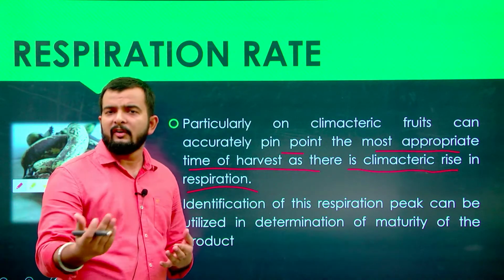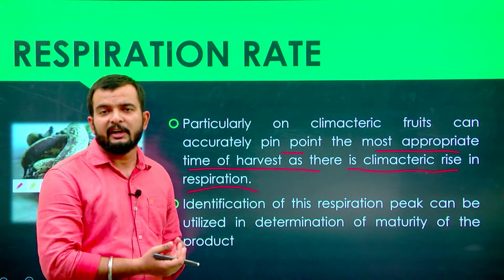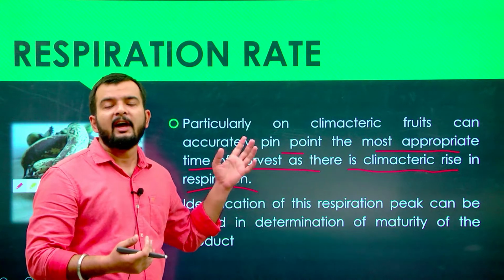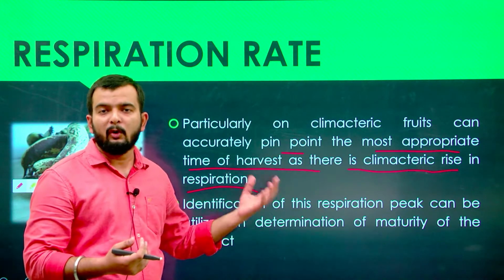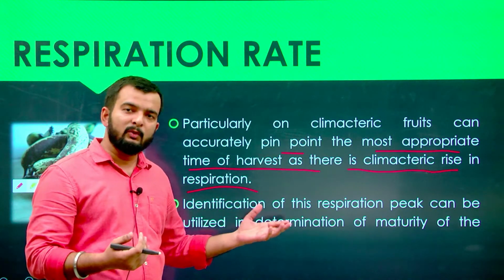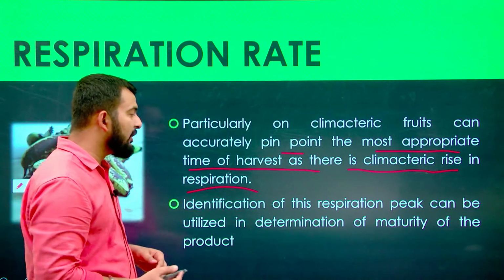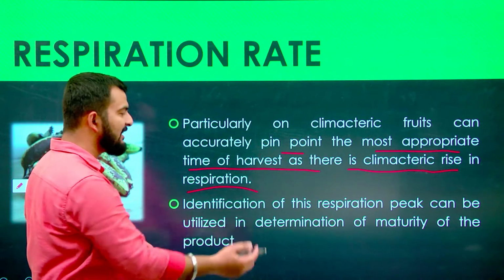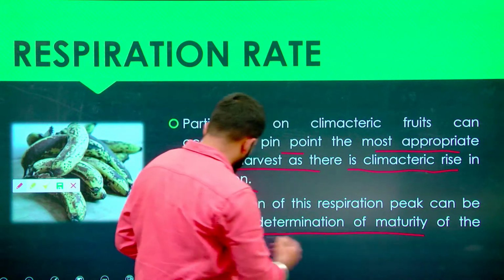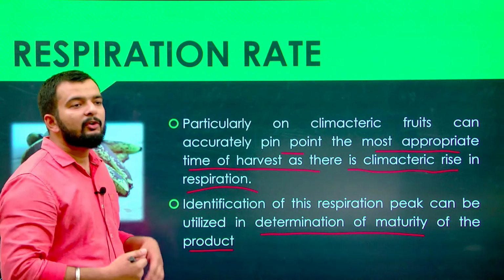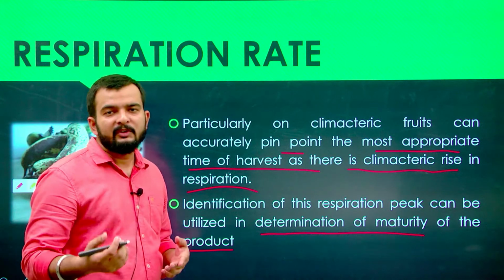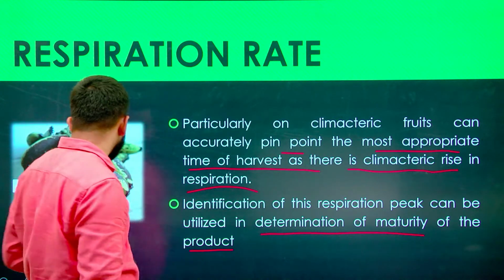So based on the water vapor output, or by identifying how much CO2 your crop is giving out through a sensor, you can identify this respiration peak. Identification of this respiration peak can be utilized in determining the maturity of the product. It will give you an idea when your crop is completely mature and ready to be harvested.